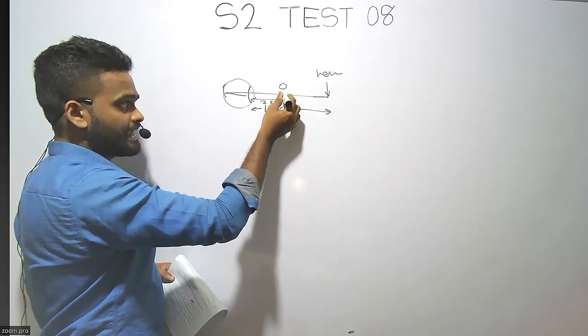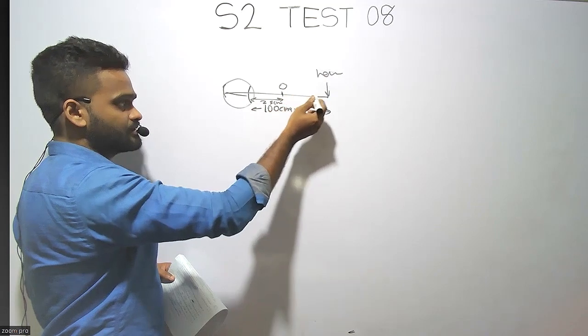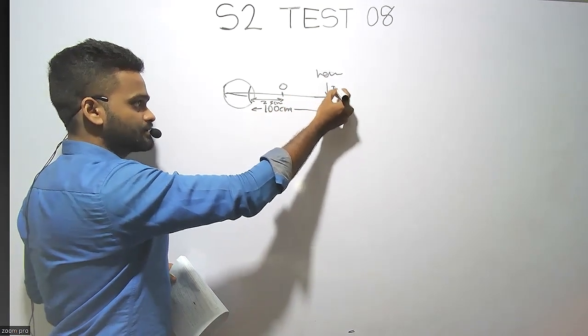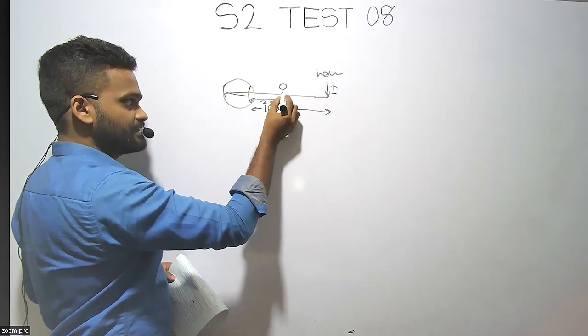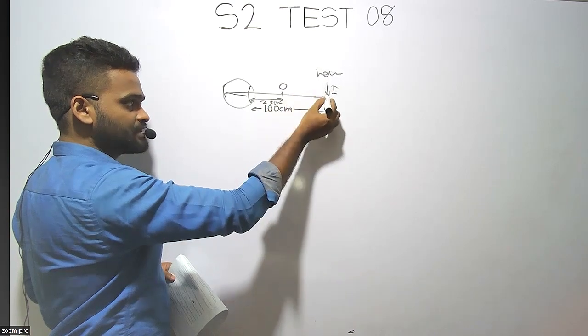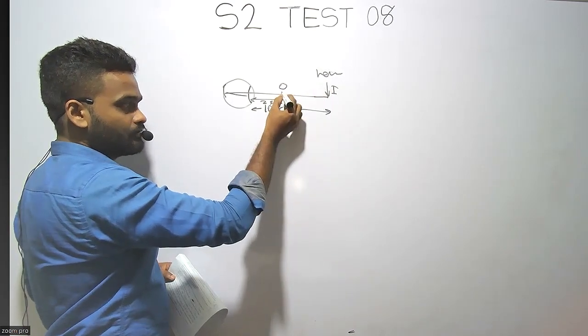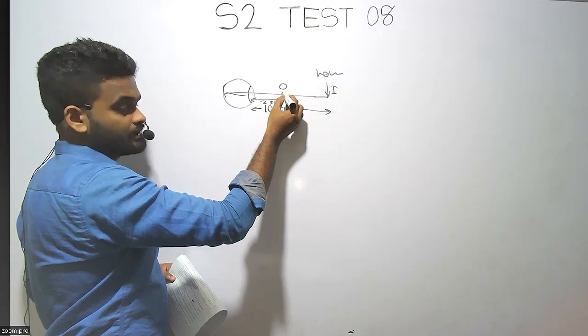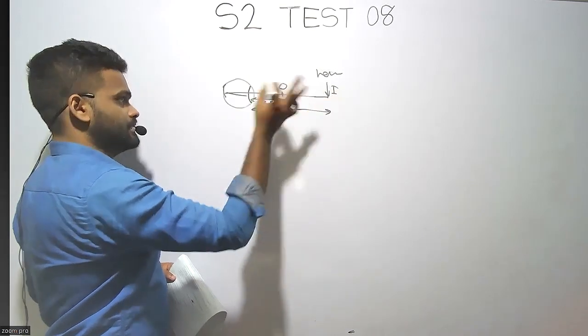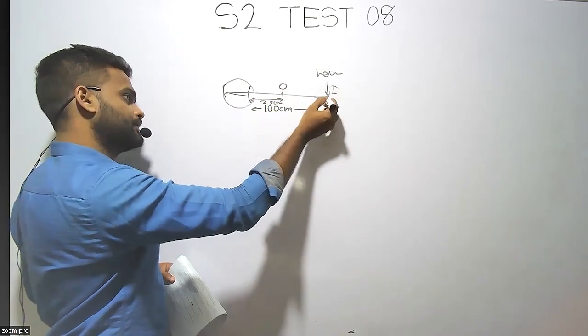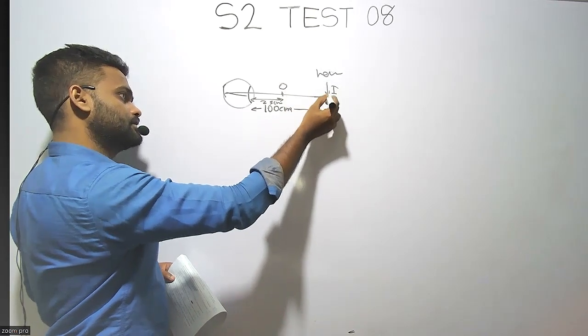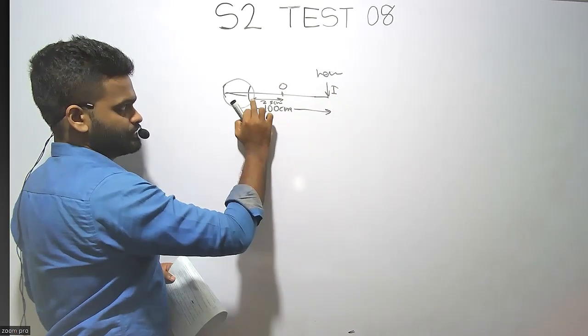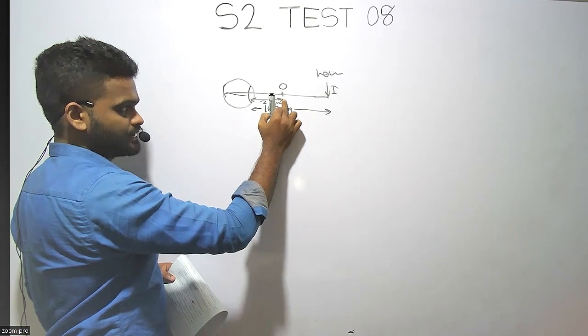So that lens has to make images at 100 centimeters. So once the lens forms an image at 100 centimeters of objects that are at 25 centimeters, then the eye can see, right? So this should be the image distance, this should be the object distance.